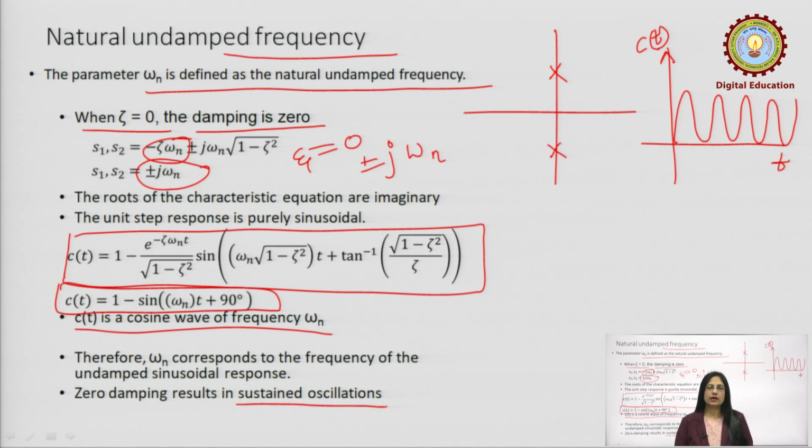When there is no damping for the system, the output response indicates sustained oscillations, because the roots of the characteristic equation lie on the imaginary axis. The two roots obtained lie on the imaginary axis, the conjugate pair here.